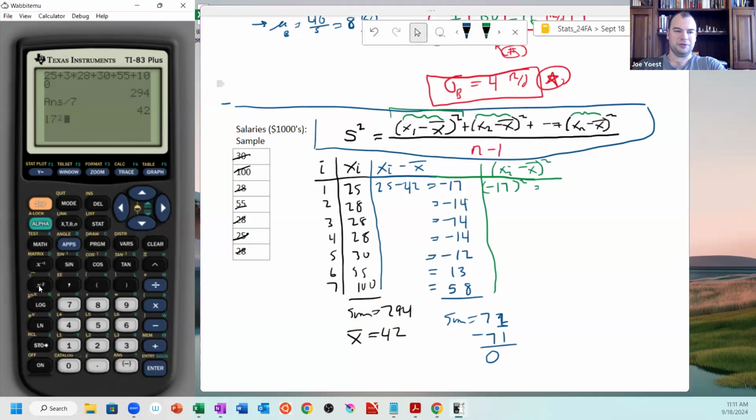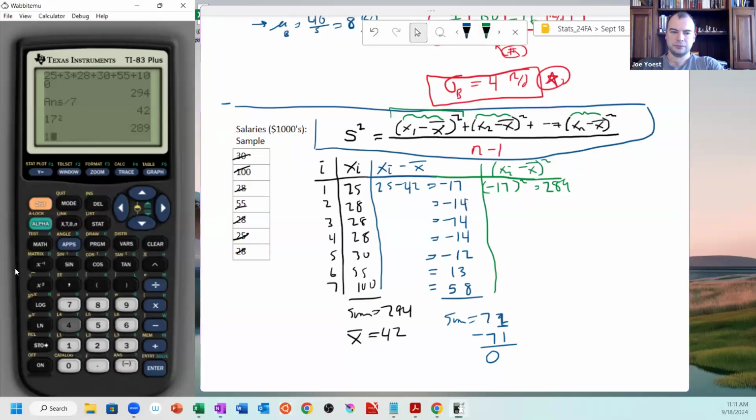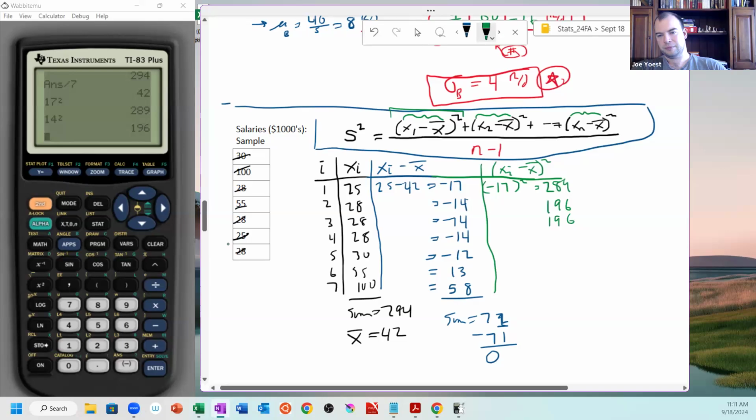Of course, I could just do 17 squared. I know the negative is going to square off. That gives me 289. Fourteen squared, 196. And I have 3 copies of that. I write it down 3 times.